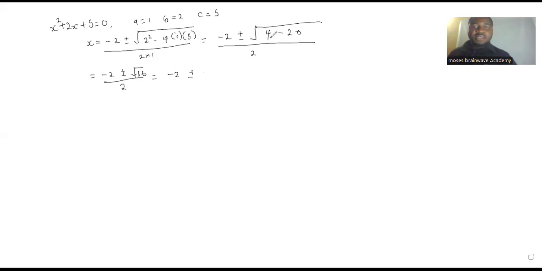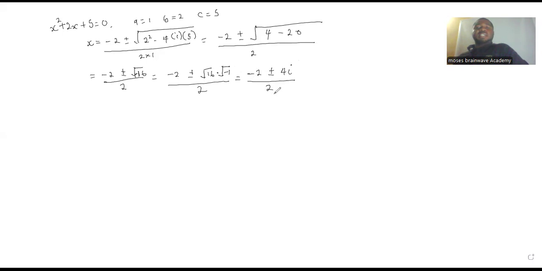Because we have 4 minus 20, so it's negative. So let's split it down. This should be square root of 16, multiplying the square root of -1 upon 2. What is square root of -1? It is i. So we have minus 2 plus or minus 4i.